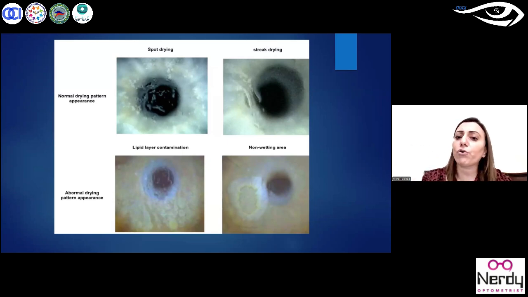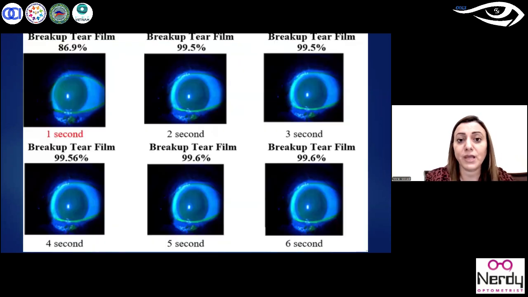Of course, the longer the tear breakup time, the better the lenses. A shorter breakup time indicates a problem with wettability of the lens, or the tear film characteristics for the patient. On a contact lens, the breakup time is sometimes really, really short.